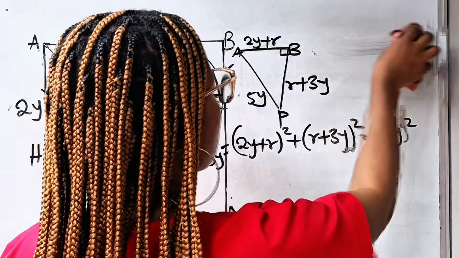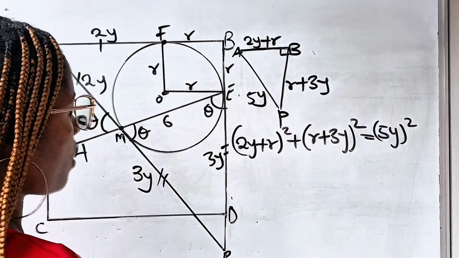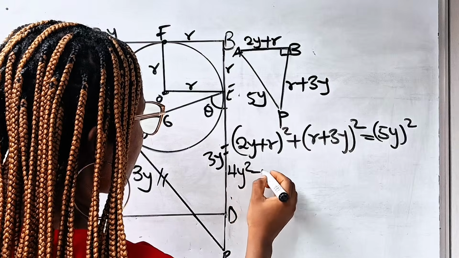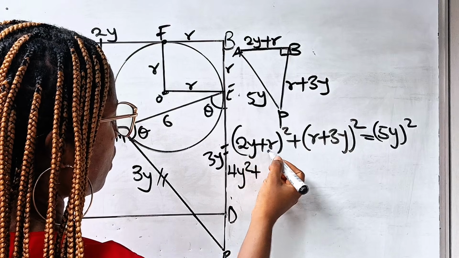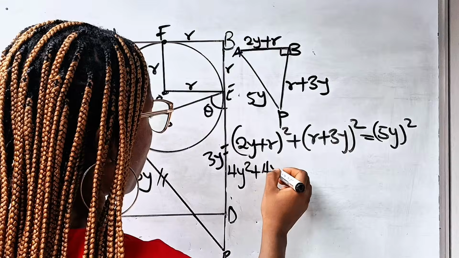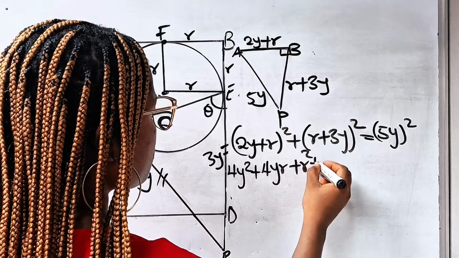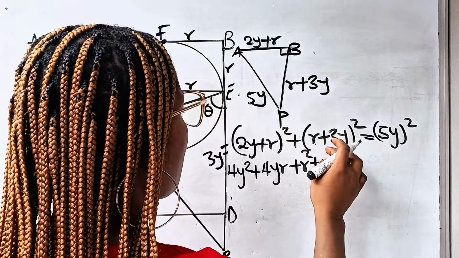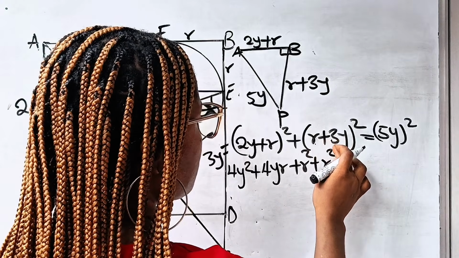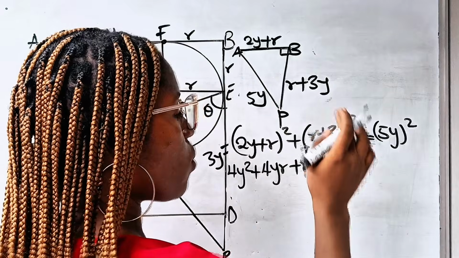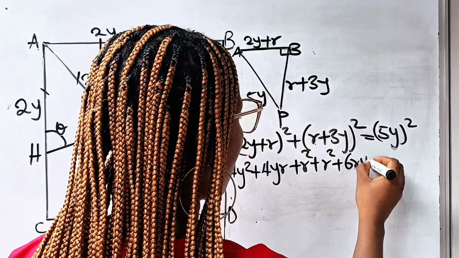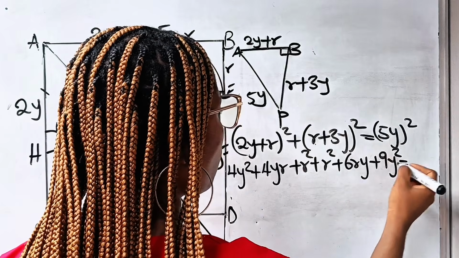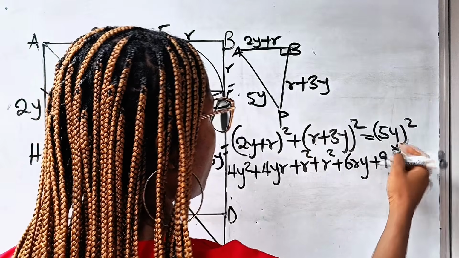So we are going to write this as 2y squared, that is 4y squared, plus 2 times 2y, which is 4y, times r. So it's going to be 4yr plus r squared, plus, then this will give us r squared plus 2 times r times 3y will give us 6ry plus 3y squared is 9y squared is equal to 5y squared will give us 25y squared.